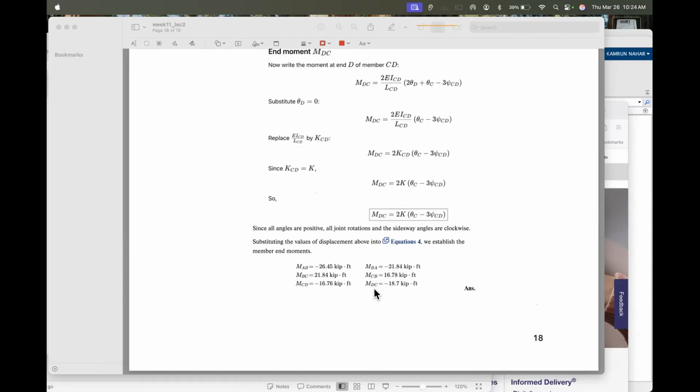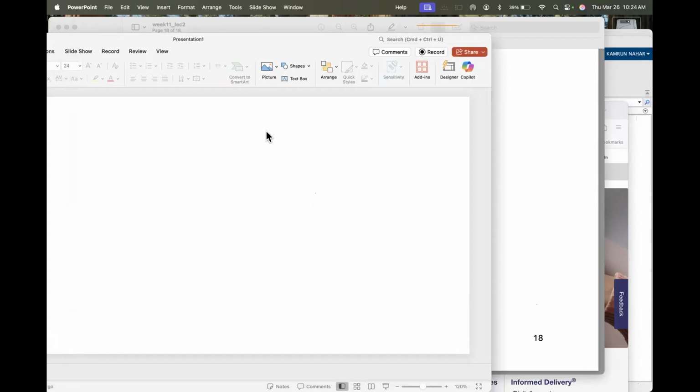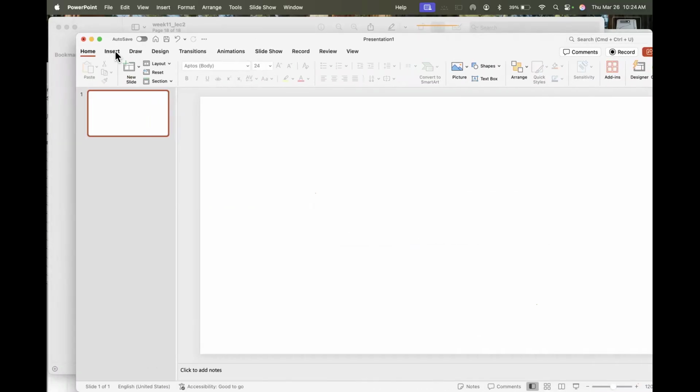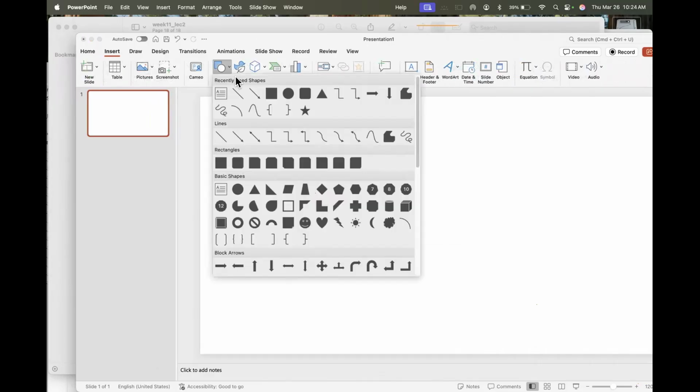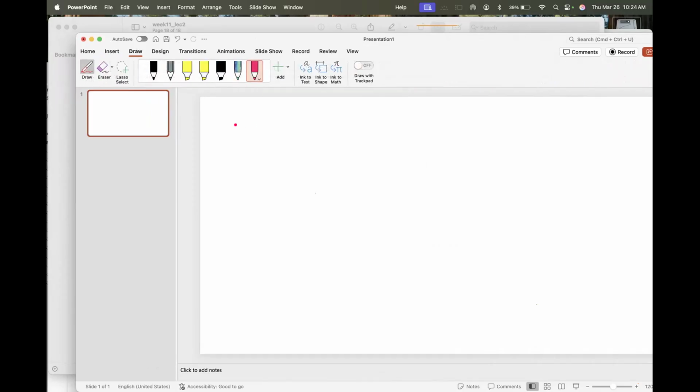And then what you have to do is draw the shear force and moment diagram. So we have, let me draw it. Hopefully I'm able to draw it. Okay. So we have this one, this one, and this is a little tough to draw. Okay.